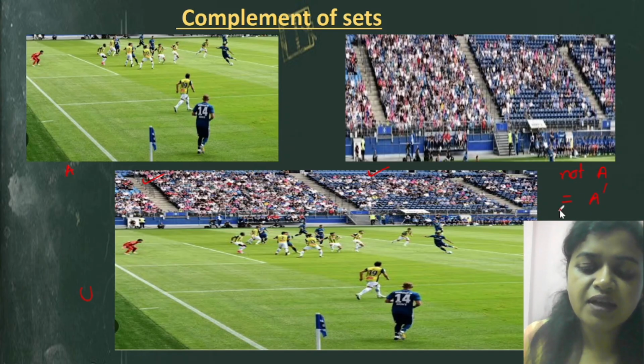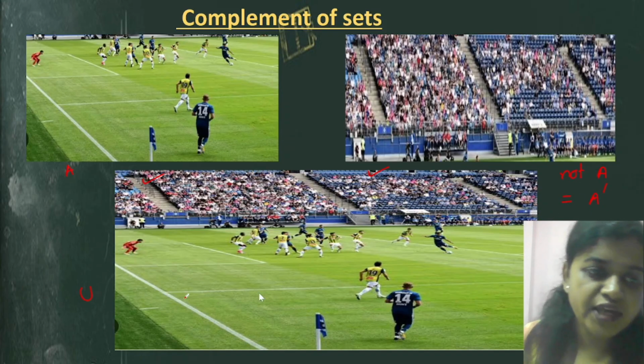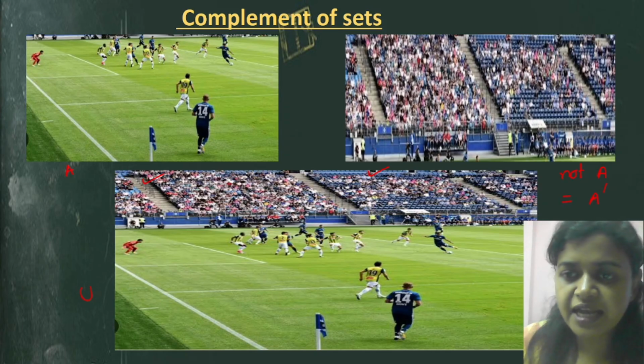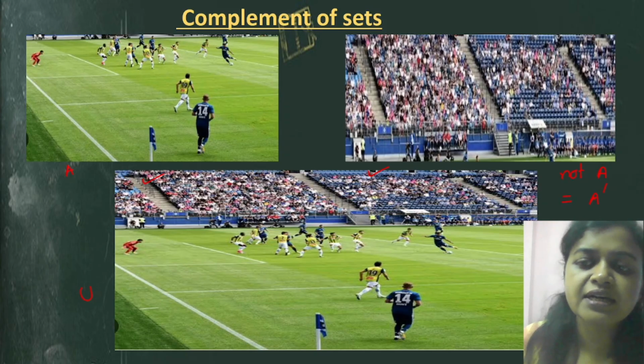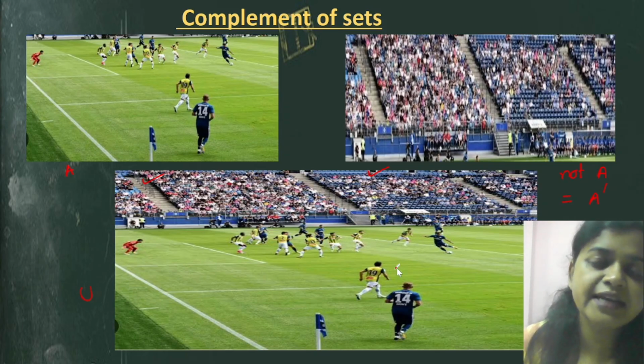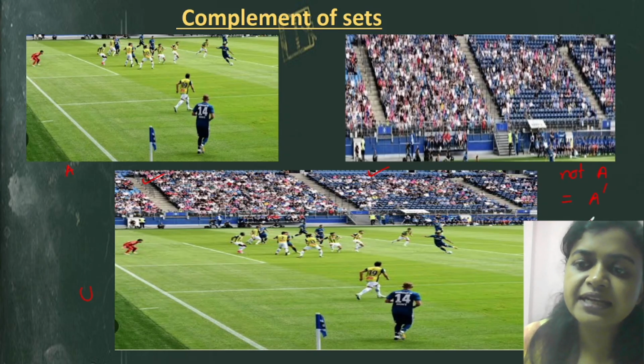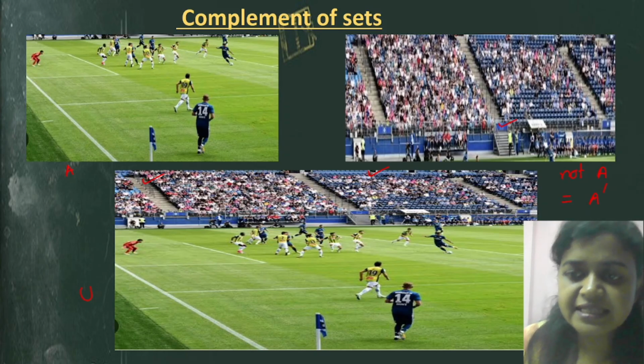So not A we can denote by A dashed. If we do the operation U minus A, if we subtract A from the universal set, we'll get A dashed. And similarly, if we find the difference U minus A dashed, we'll get what?